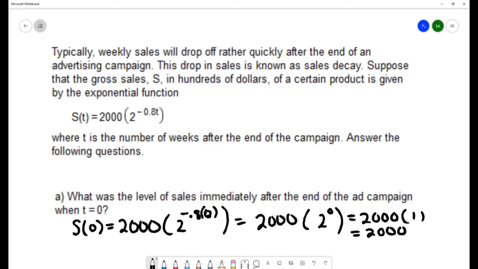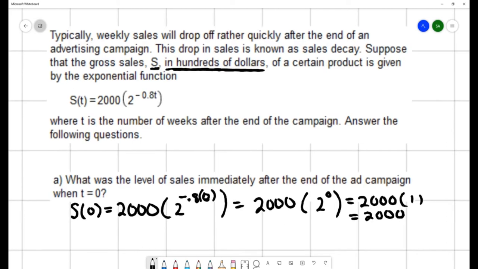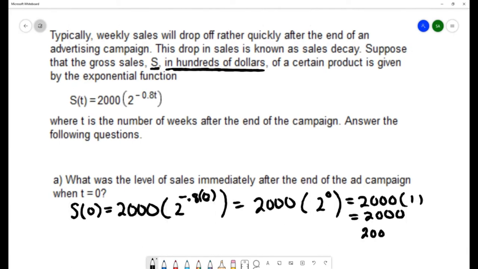I just want to make a note here that this S is given in hundreds of dollars. So it's not $2,000. It is 2,000 in terms of hundreds. So that sales is actually $200,000.